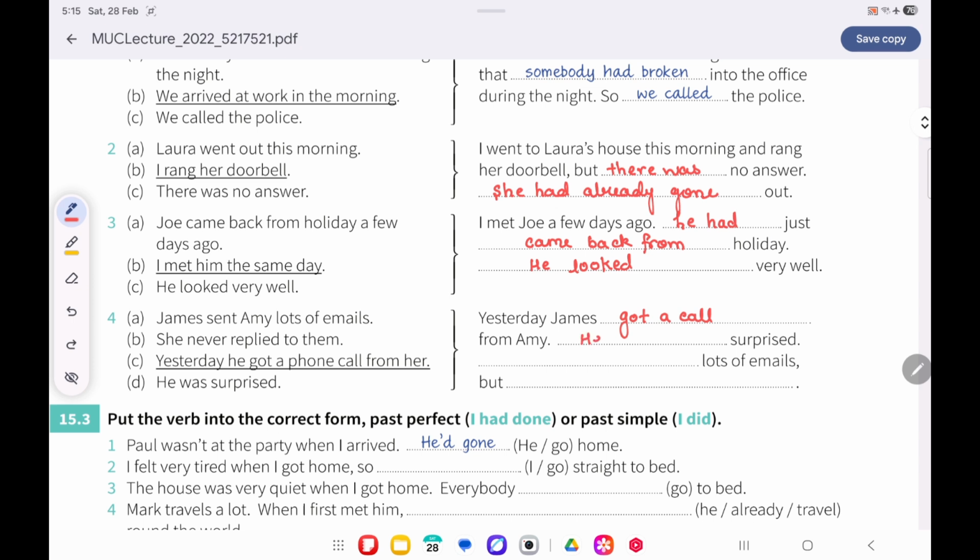He was surprised. He had sent a lot of emails, but she had never replied to them.